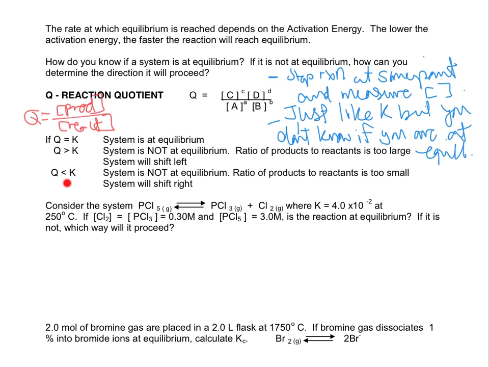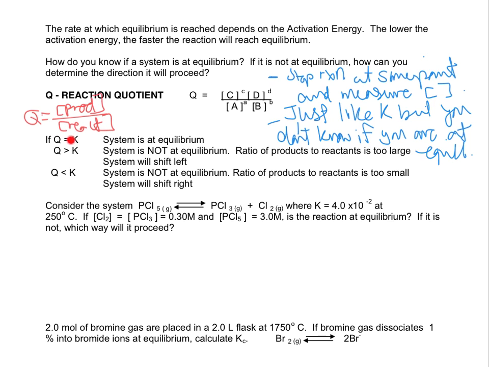You're going to produce more of the reactants in order to reach equilibrium. If your Q value is less than K, that means this ratio is smaller than what it should be at equilibrium. Your system is not at equilibrium, and the ratio of products to reactants is too small. This value is too small, which means that you have too many reactants.